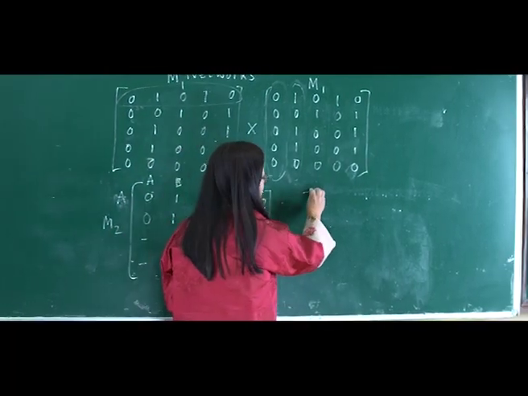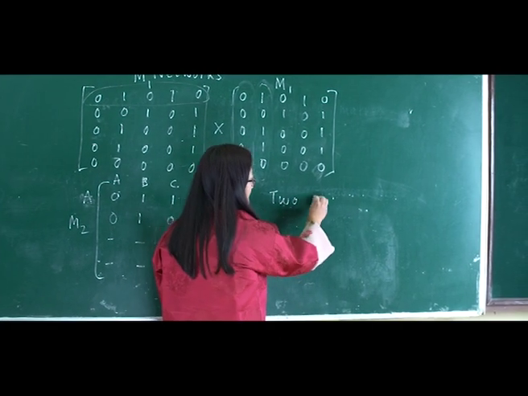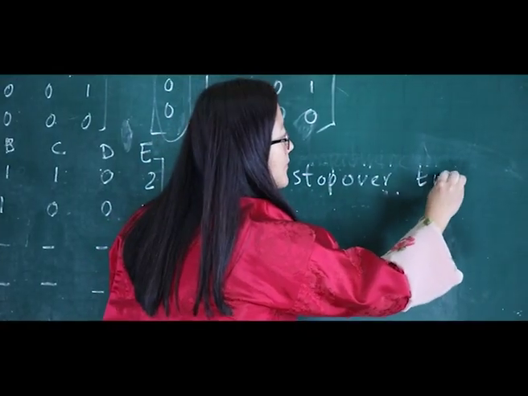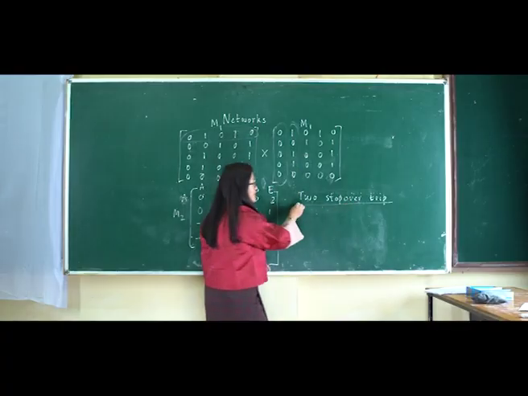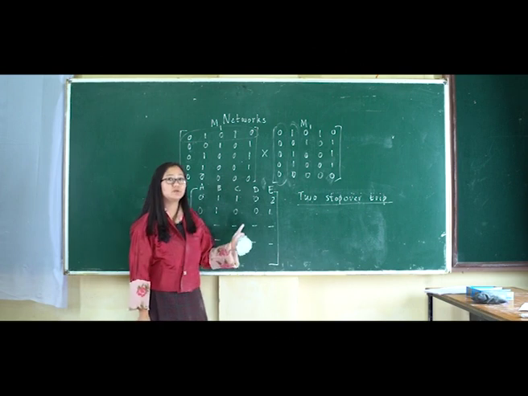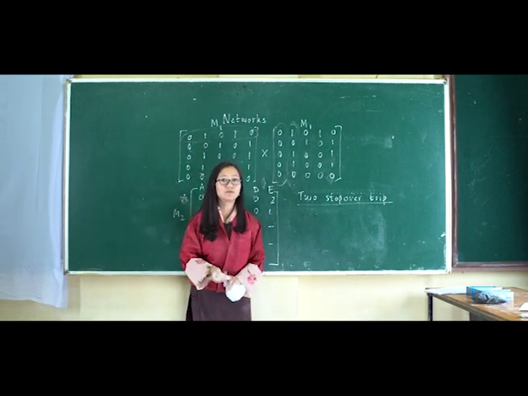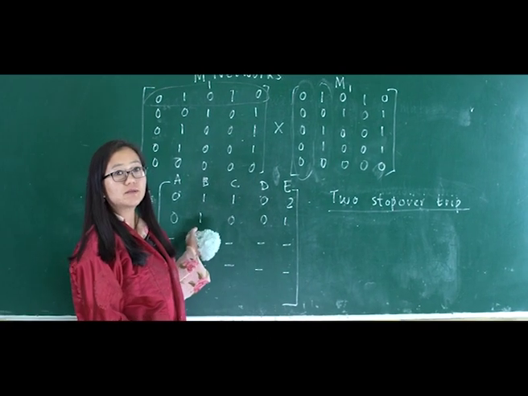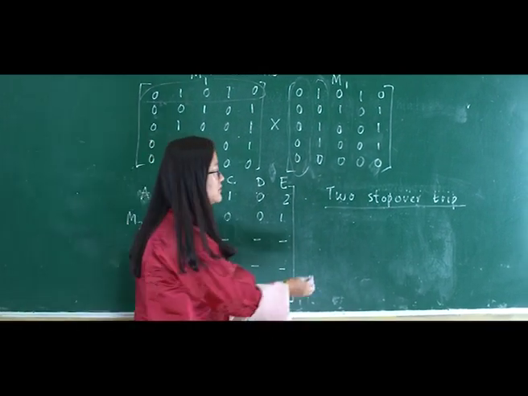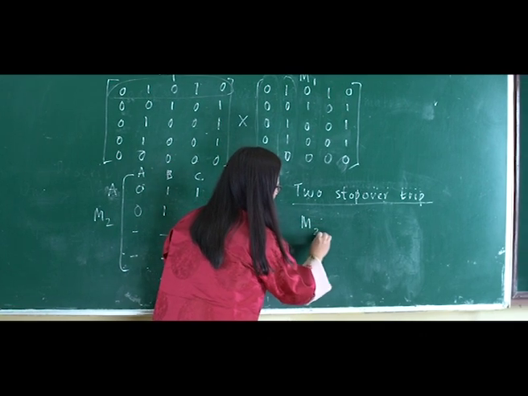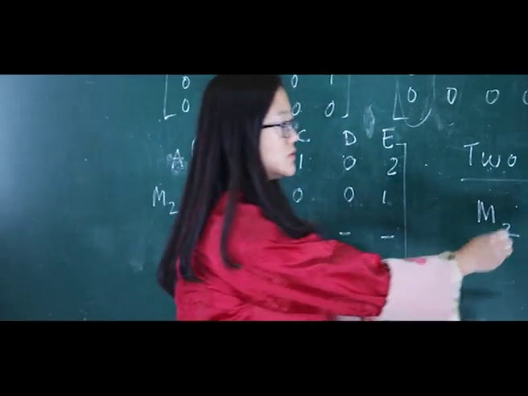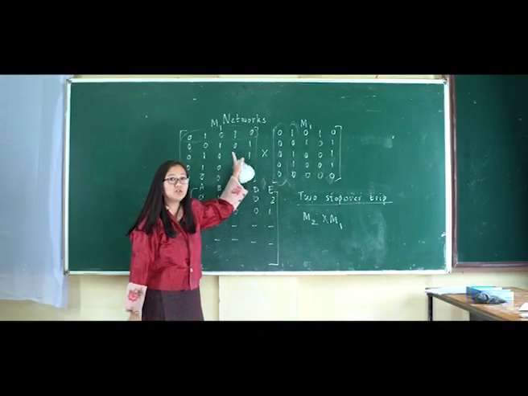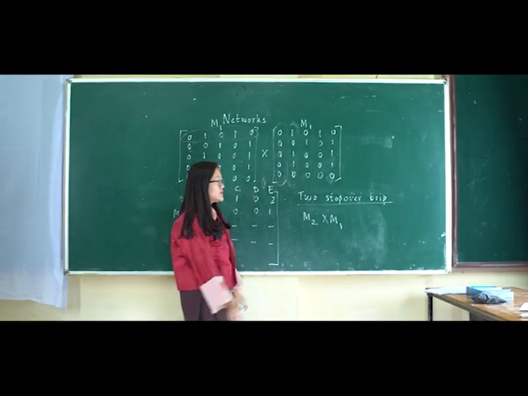So, 2 stopover trips using a matrix. What you need to do is cube the matrix. We already have the matrix after squaring, which is matrix 2, M2. If I multiply M2 by M1, which is the original one, the adjacency matrix, we will get M3.